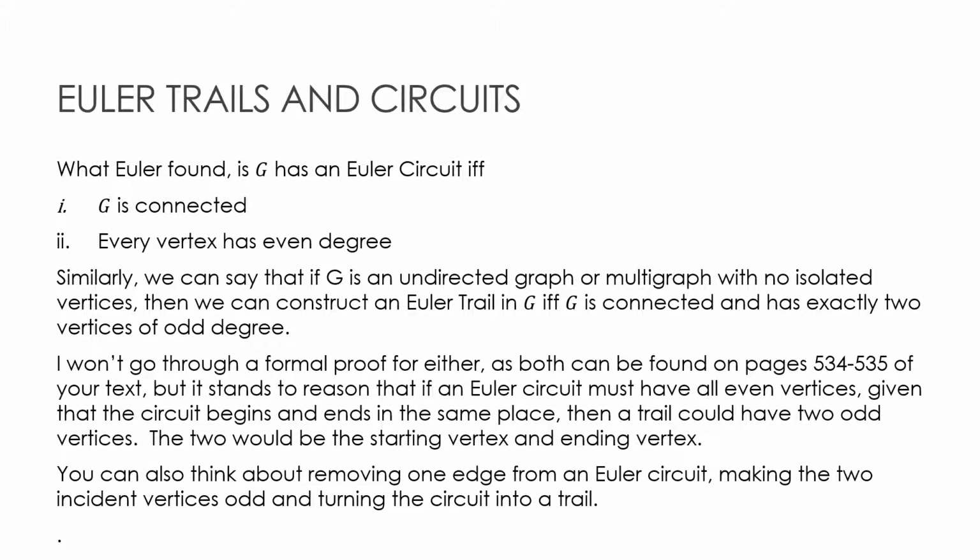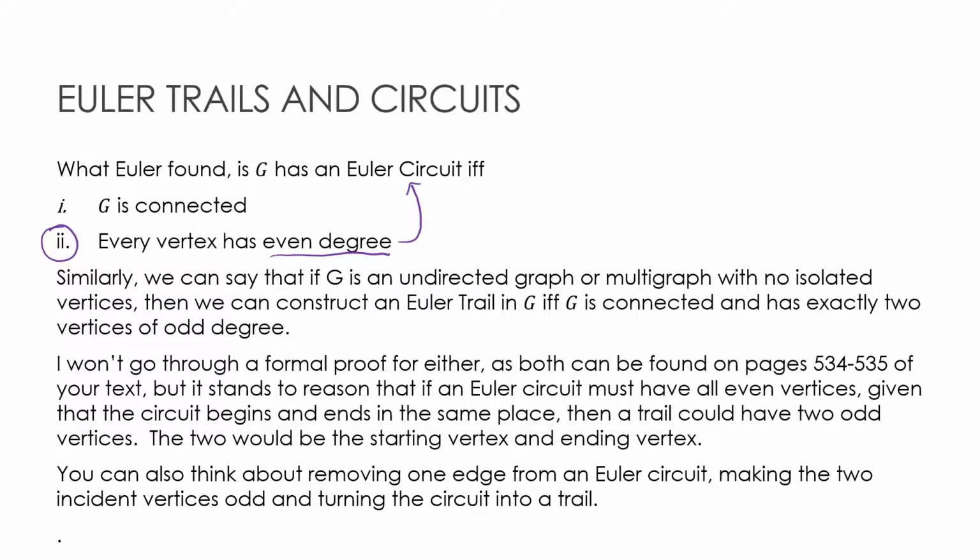What Euler found is that a graph will have an Euler circuit, one where it begins and ends at the same vertex, if one, G is connected, meaning we have no isolated vertices, and two, every vertex has an even degree. Let's pay attention to this one, because even degree implies the Euler circuit.